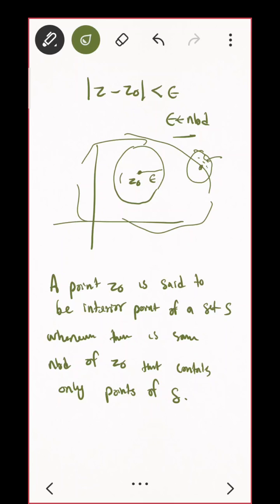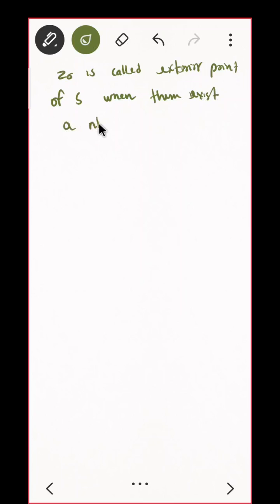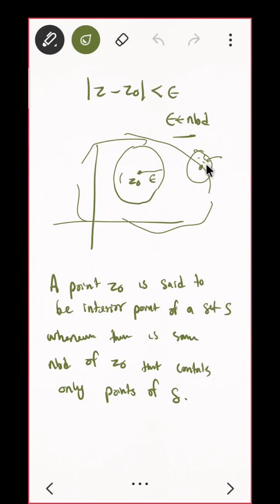And you may also define exterior point. Z0 is called exterior point of S when there exists a neighborhood of it containing no point of S. So is this an exterior point?